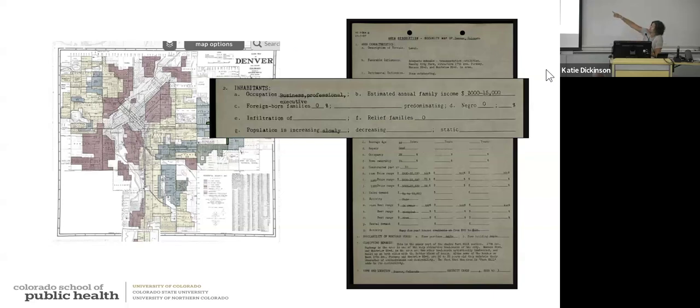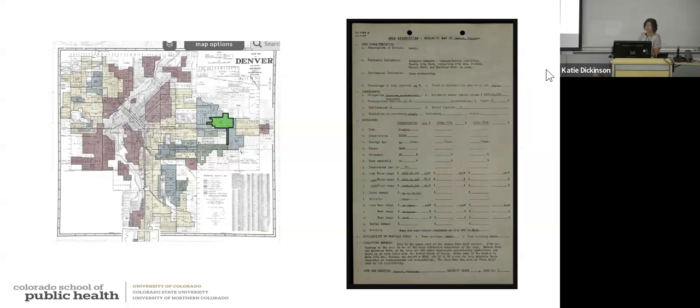Okay, so this is one of those forms, and again, you can't really read it, so I'm going to zoom in. This is a section at the top of the form that says things like, okay, what occupations do people hold in these areas? What's the annual family income? And then there's areas here where it says, what percent of the families in this area are foreign born? Do we have any infiltration of people basically in non-white, non-native born categories, et cetera?